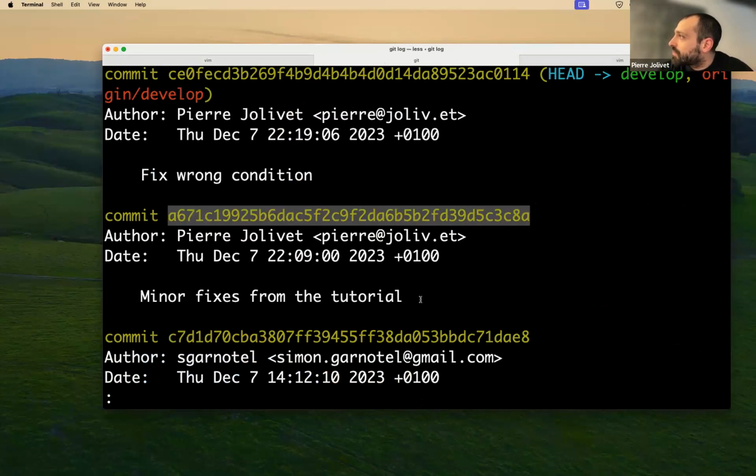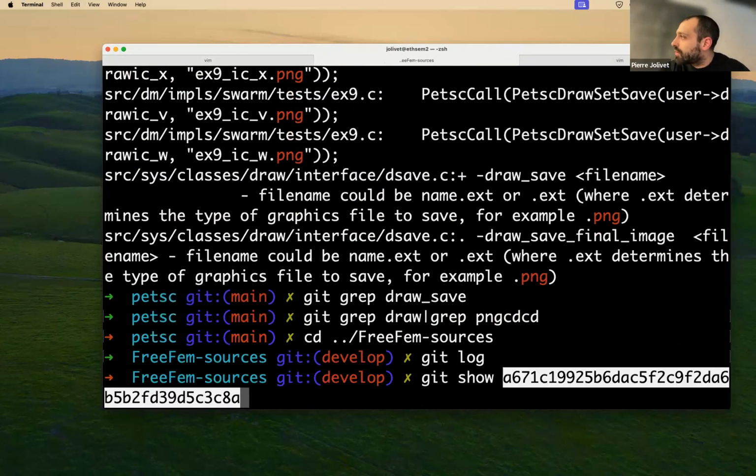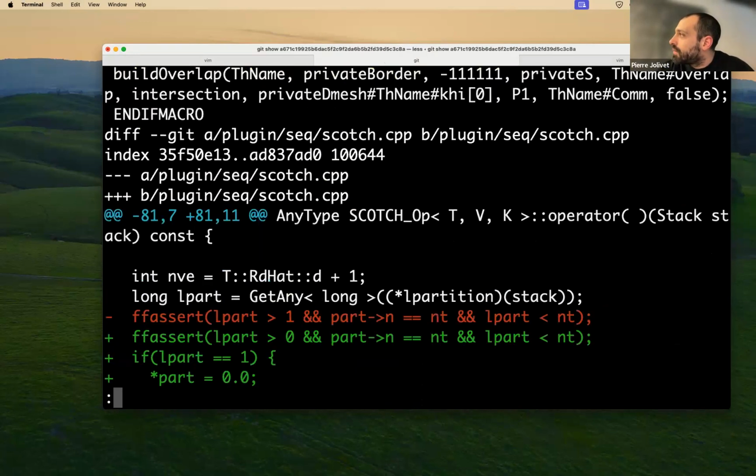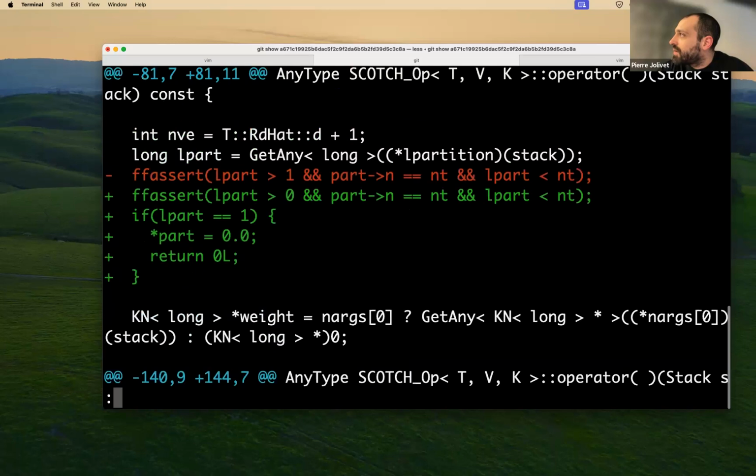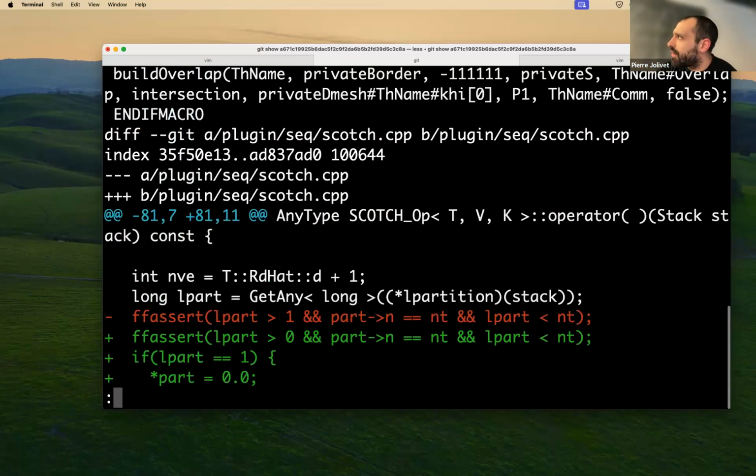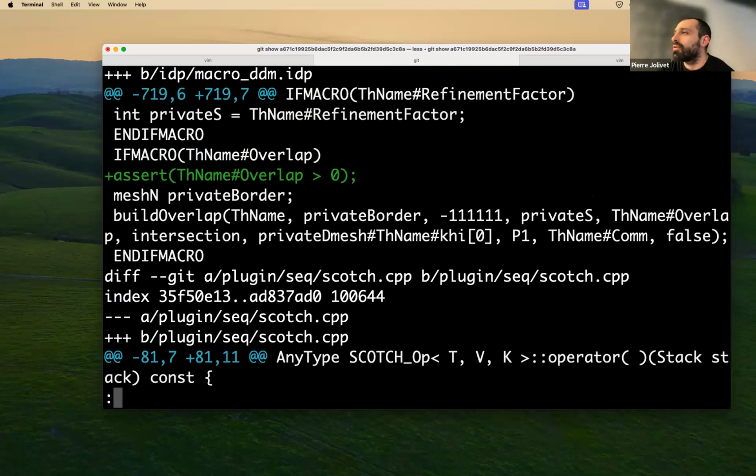Minor fixes from the tutorial: if we call Scotch but require only a single partition, we just exit early by assigning 0 to the partition and just exiting. And there was also a not really graceful error when we were trying to do domain decomposition and call reconstruct dmesh with no overlap.